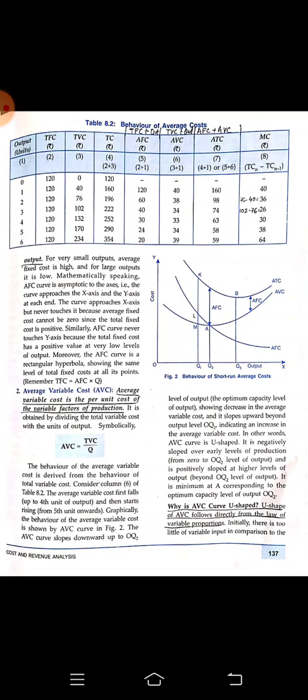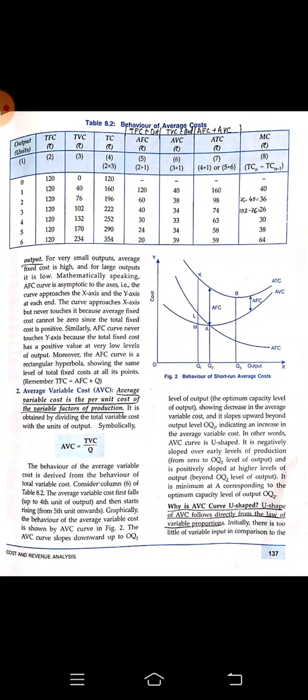Now the fifth column is about the average fixed cost. What is average fixed cost? As I told you, it can be derived from total fixed cost divided by the output.